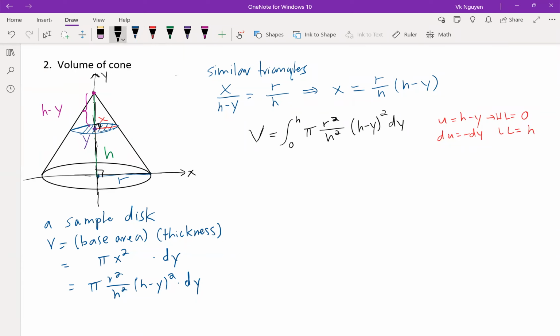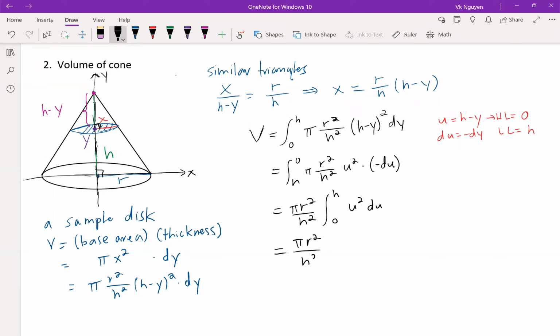And this becomes integral from h to 0 of pi r squared over h squared times u squared negative du. We can switch the limits and get rid of the negative, and we will have pi r squared over h squared integral from 0 to h of u squared du. This is nice.